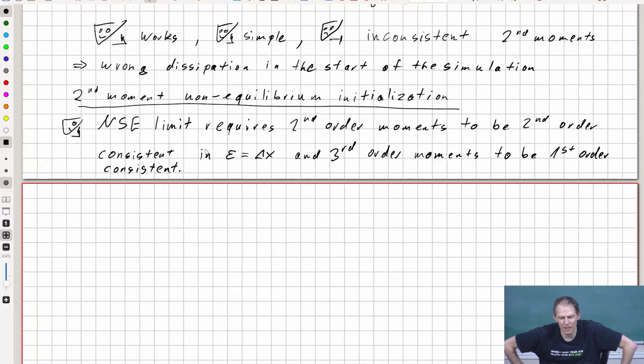Then it will become absolutely clear why the second moment needs to be second order and the third moment first order. You could also see this roughly in the analysis that we had so far, but it has not been so detailed.